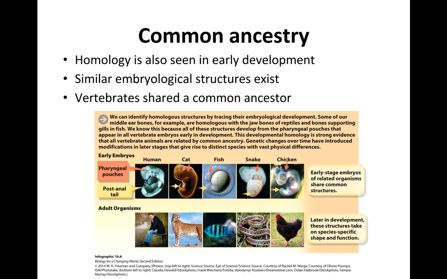And as you can see here, the closer they're related based on a common ancestor, the more likely they're going to develop as embryos similarly. So human and cats look very, very similar. Snakes don't look that similar, but chickens and cats and humans look somewhat similar. Fish doesn't look like anything. So we can say here that fish probably evolved first, then snakes, then birds, and then our mammals, which are humans and cats.